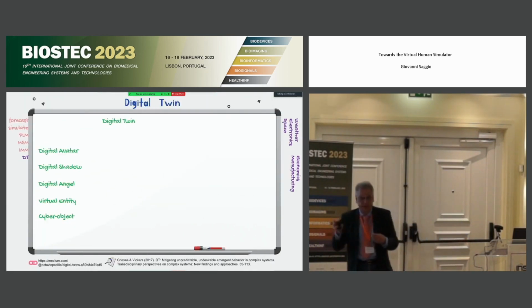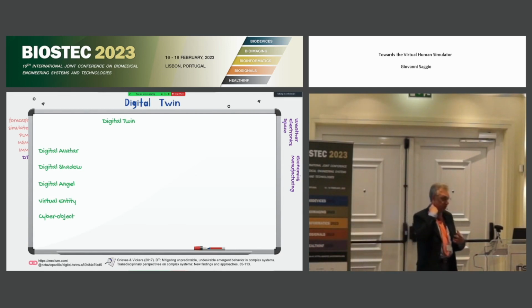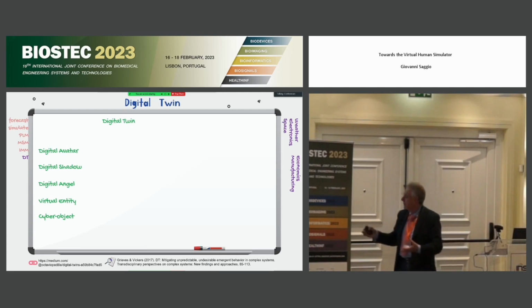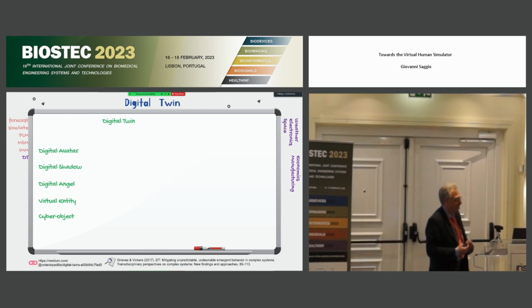Digital twin is such a problematic definition to give that not only are there many definitions of digital twins, but also many phrases to name the digital twin. In fact, there is the digital avatar, the digital shadow, the digital angel, the virtual entity, the cyber object. So not only no unique definition, but also not unique words to call it, okay?